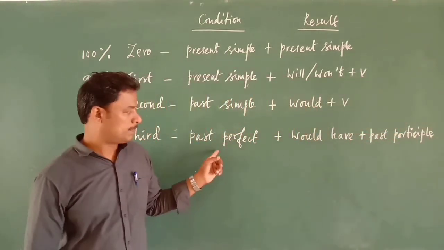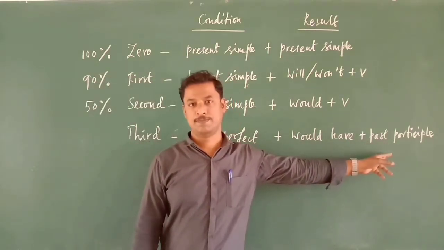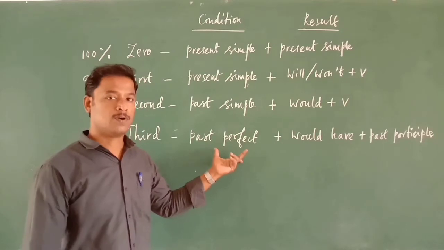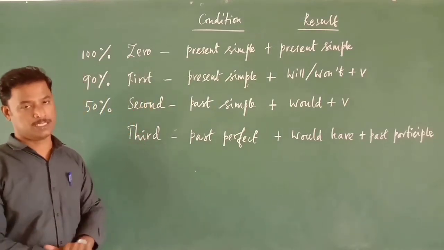Past perfect, that is had plus verb 3, and here would have plus verb 3. Okay, this combination must be followed in the third conditional or unfulfilled conditional.